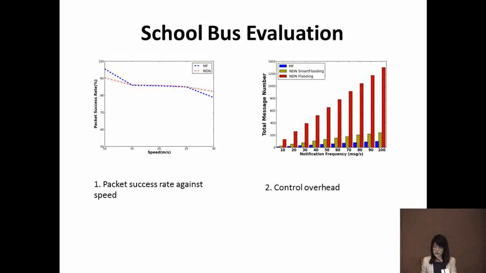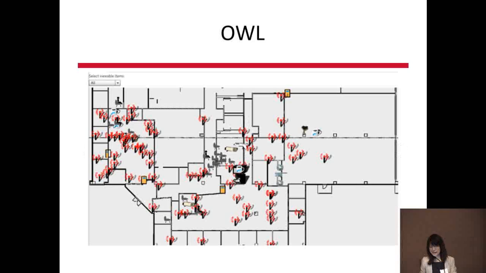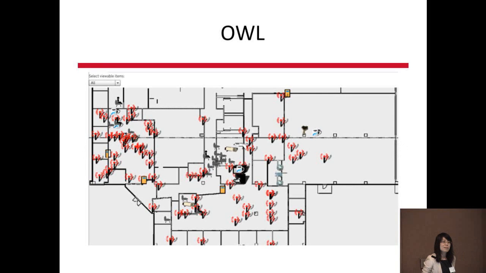In the third stage, I'm going to be 1 minute over time. I just want to mention a couple of prototype systems we have at WINLAB that implement IoT. We have our IO system, which is an IoT system.